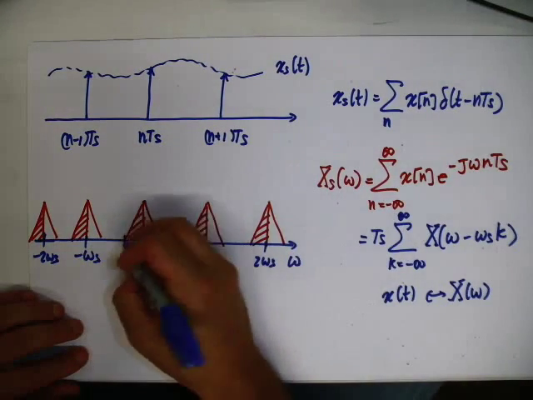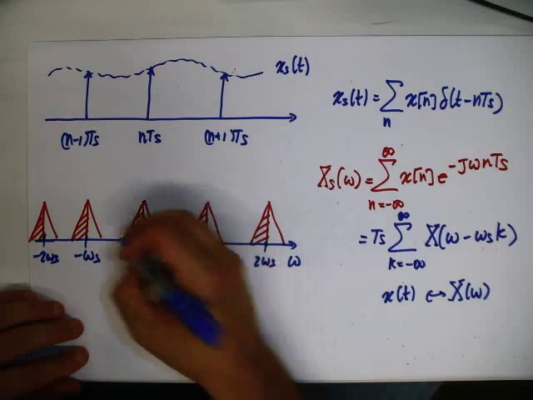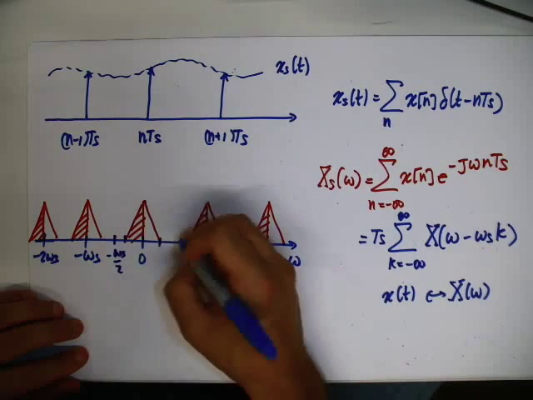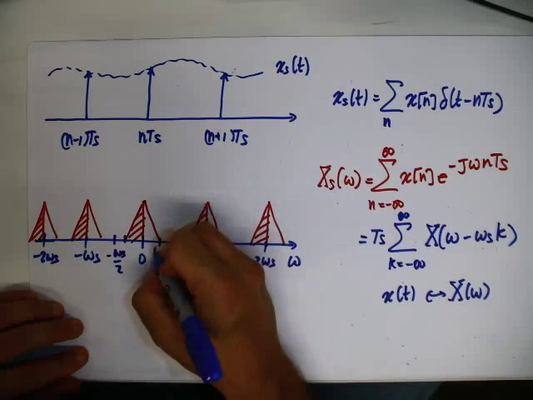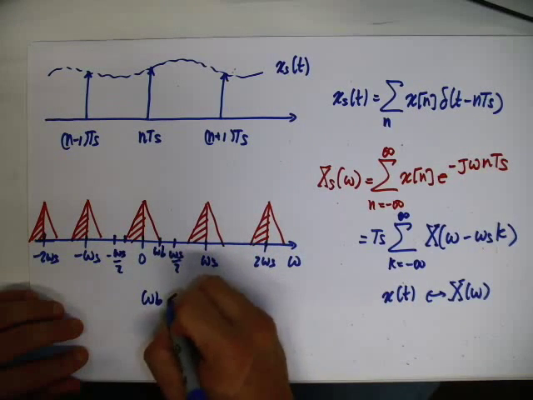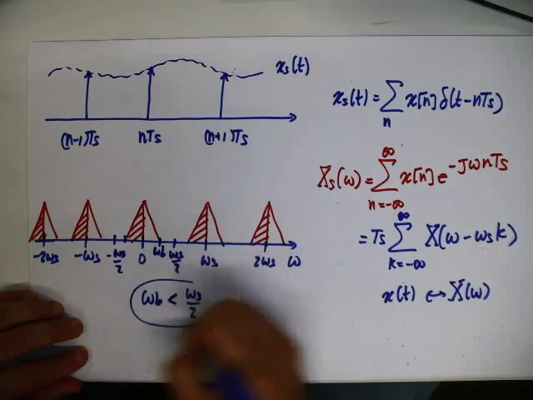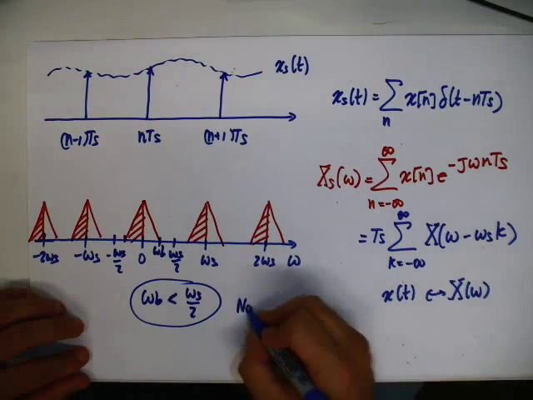So of course here we're going to assume that the Nyquist frequency is satisfied, so there is no aliasing.